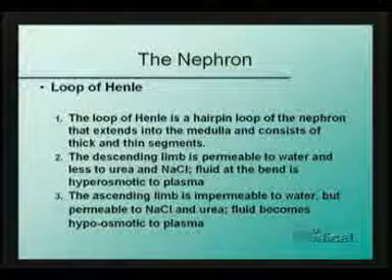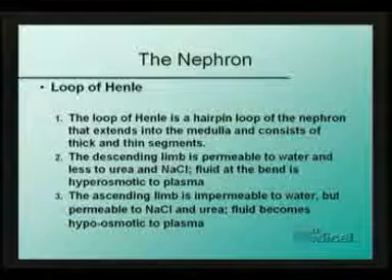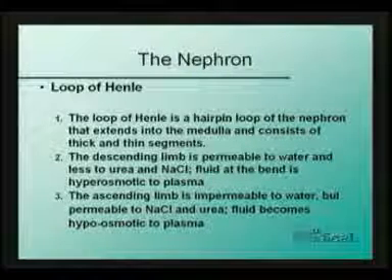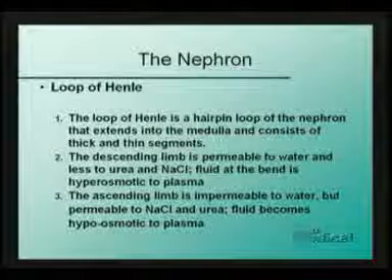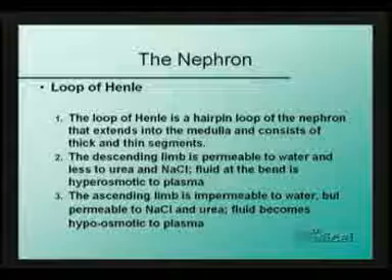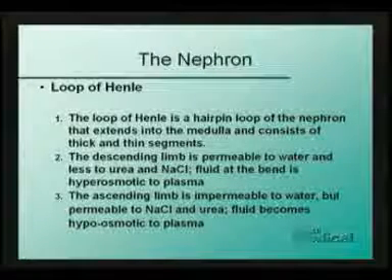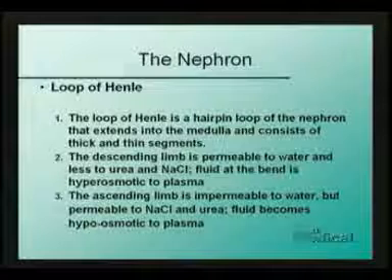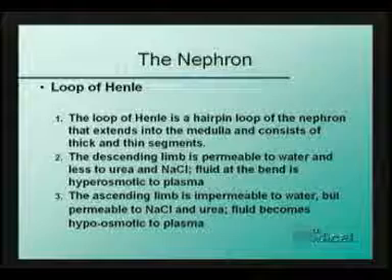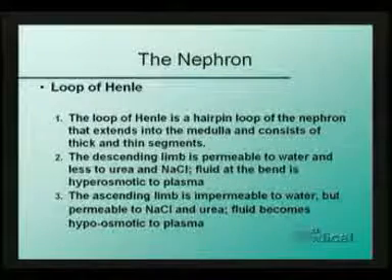The descending limb is permeable to water and less so to urea and sodium chloride, such that the fluid at the bend of the loop of Henle, deep in the medulla of the renal column, is hyperosmotic relative to blood plasma. The ascending limb is impermeable to water, but permeable to sodium chloride and urea. Therefore, by the time the fluid reaches the distal tubule, it is hypoosmotic relative to blood plasma.